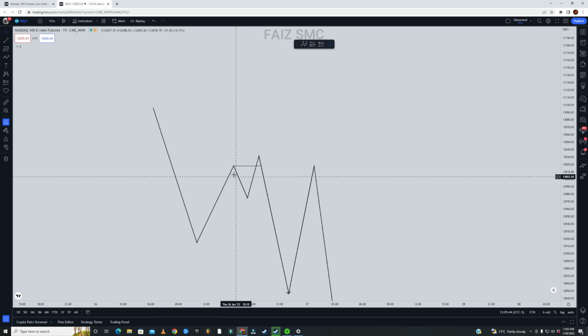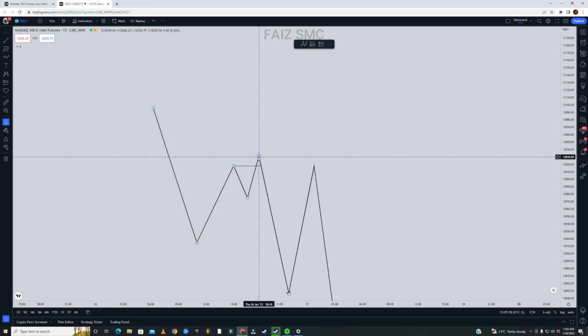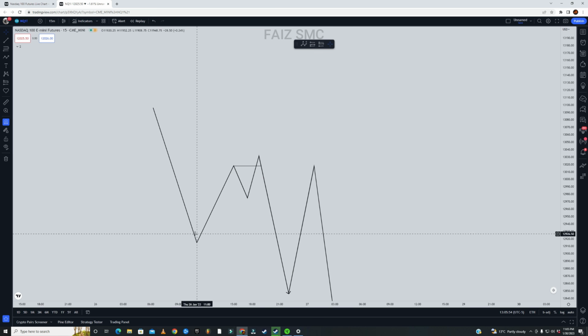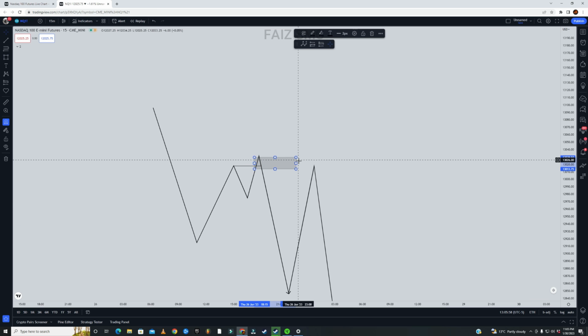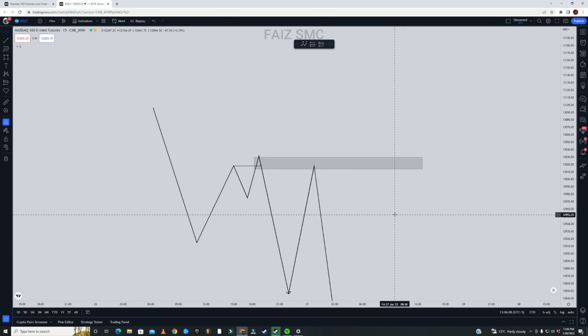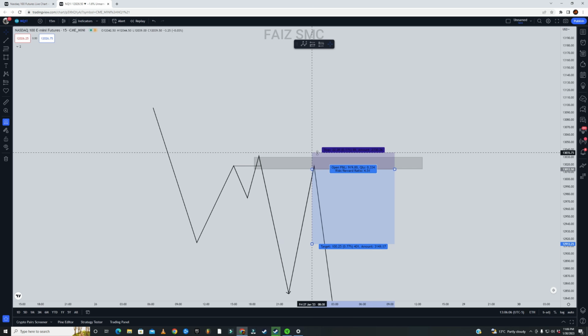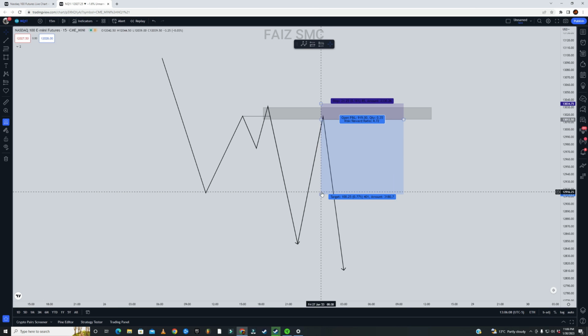So let's say you have a bearish candle, bearish candle, bearish candle, then you have bullish, bullish, bearish, and then you have bullish, bullish, bullish, and then you have a push down that breaks the structure. So the last consecutive bullish candles is your order block. Okay, very simple. And when you take the entry from this level, it's going to play out perfectly.